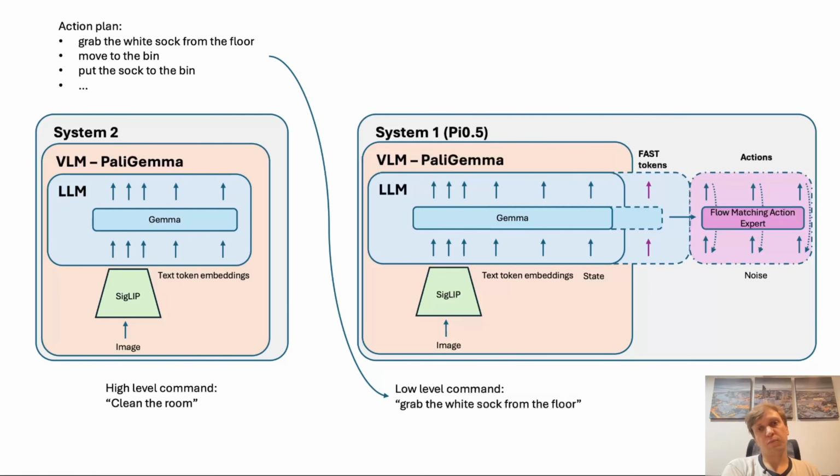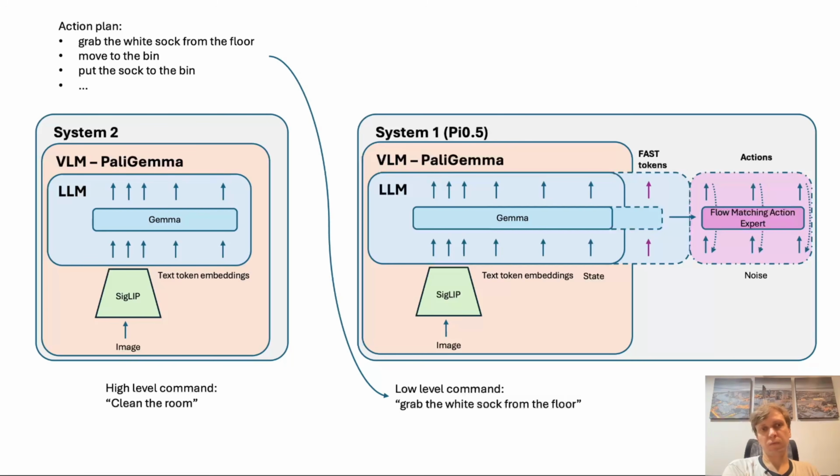And in the case of Pi0.5, the same VLM, basically completely the same model, is used as System 2. This model is trained to take complex problems and decompose them into a simpler action plan. In the case of cleaning the room, it can say, grab the white sock from the floor, move to the bin, put the sock in the bin, and so on.